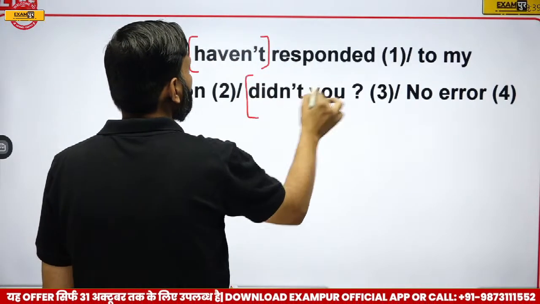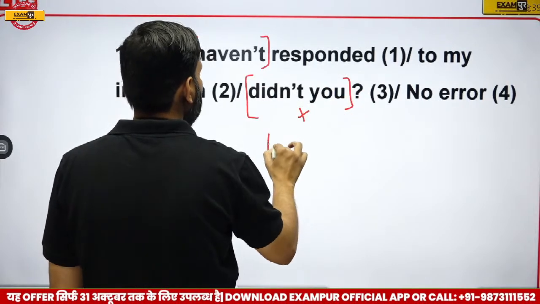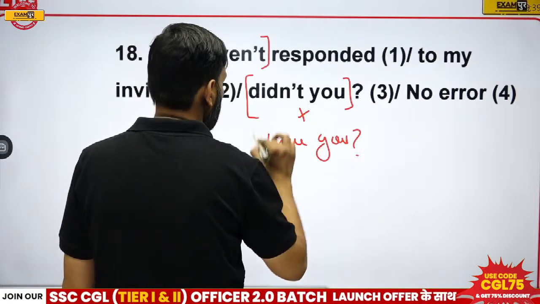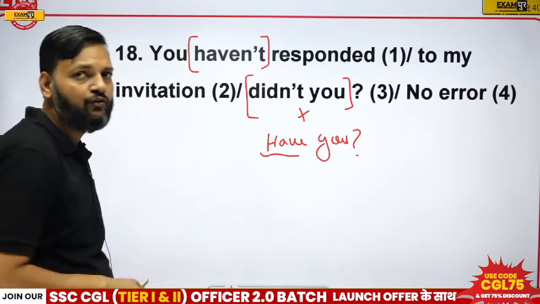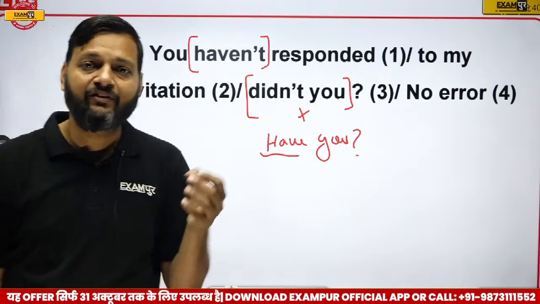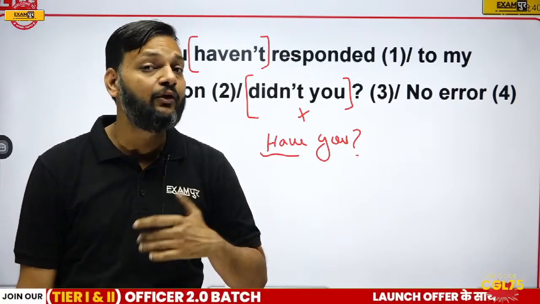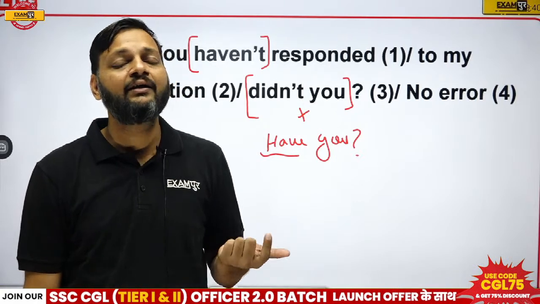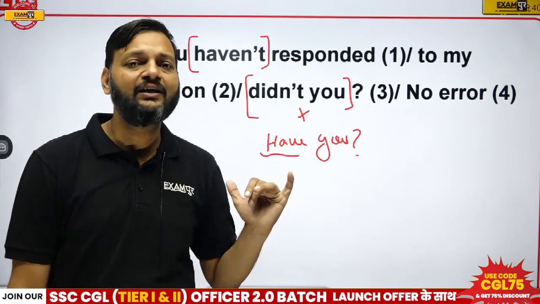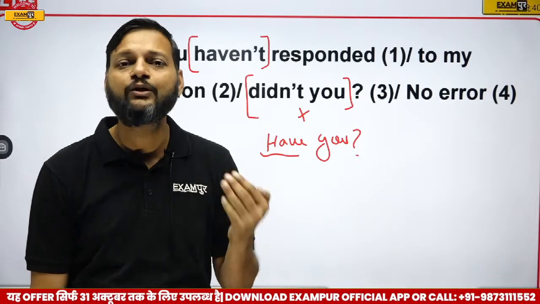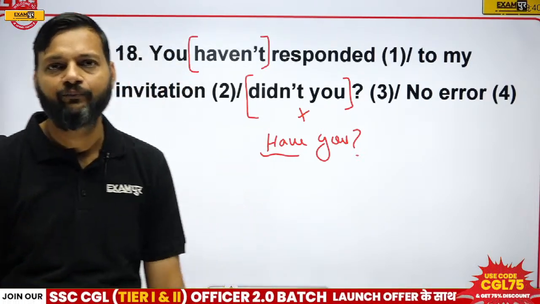So didn't you will be replaced by have you. Because the helping verb in this sentence is have. This is present perfect tense. So if the sentence is present perfect, we cannot use did, right? And since this sentence is negative, its question tag will be positive. So didn't you will be replaced by have you.